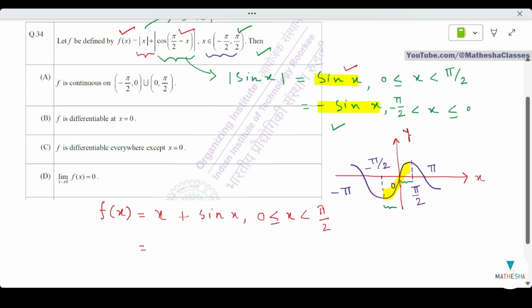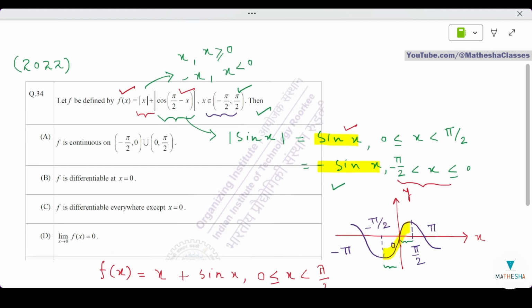And when you are considering this range, x greater than minus pi by 2 and less than or equal to 0, then on the negative side it is less than x.